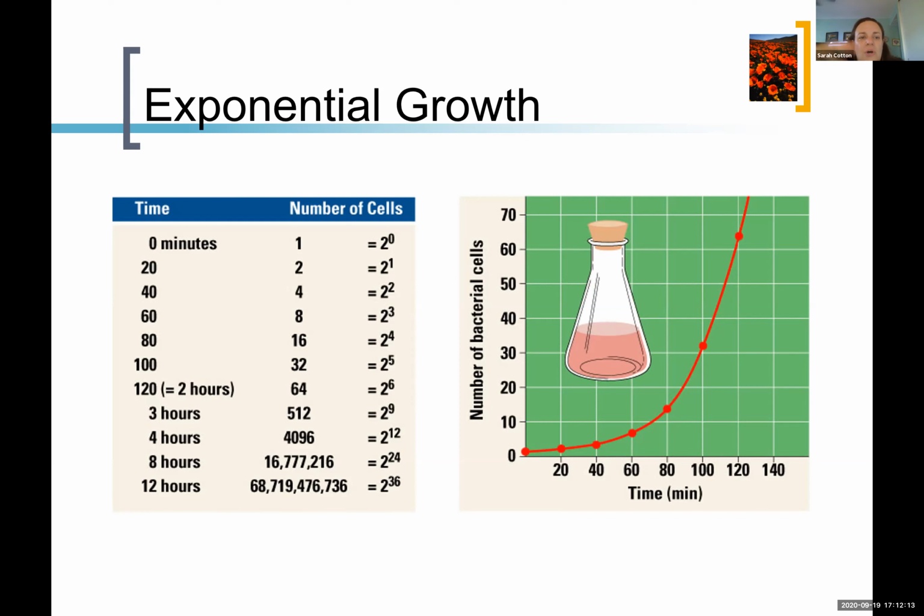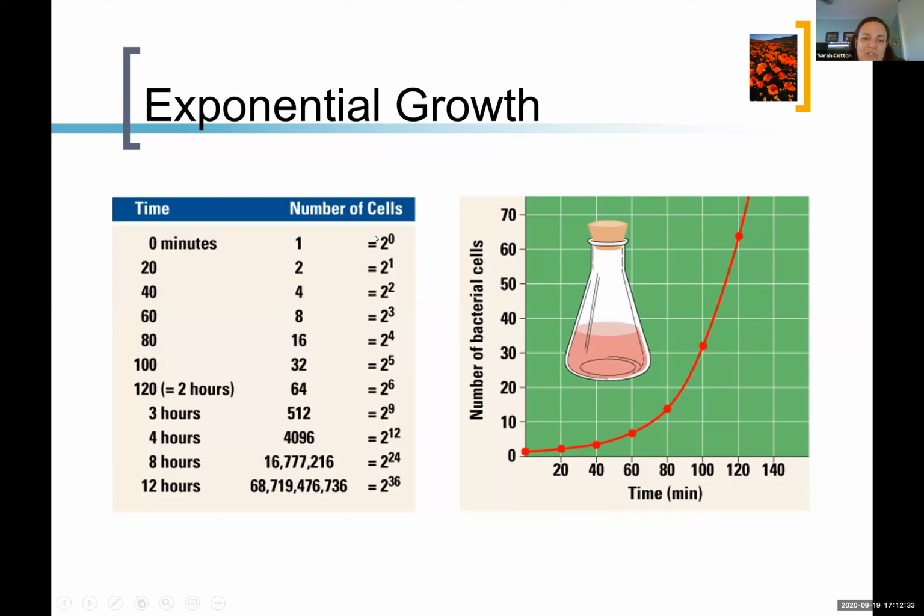All right, so let's just follow the numbers here. You start off with one lonely bacterium. After 20 minutes, you have two, right? Since both of those then reproduce, you have 4. 20 minutes later, you have 8, okay?